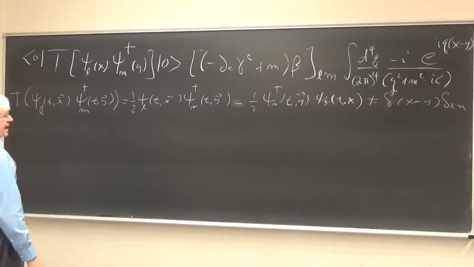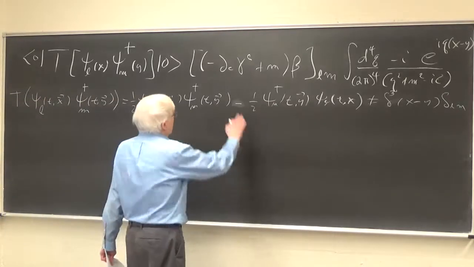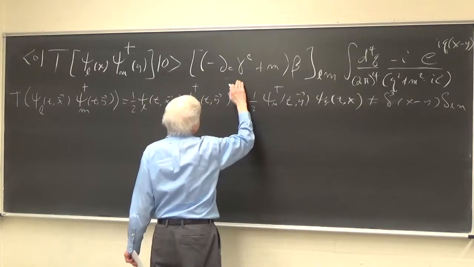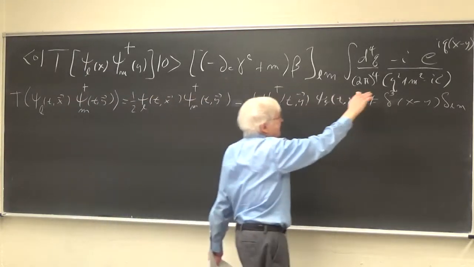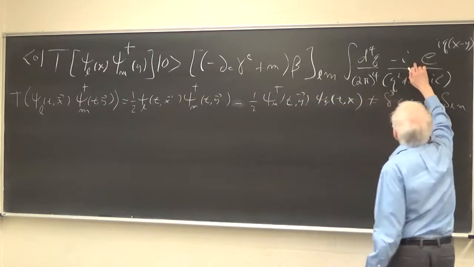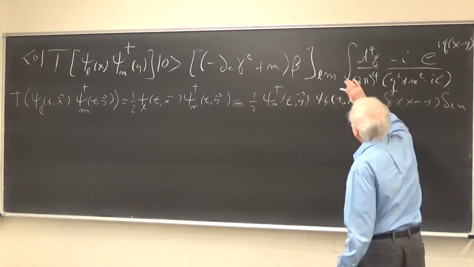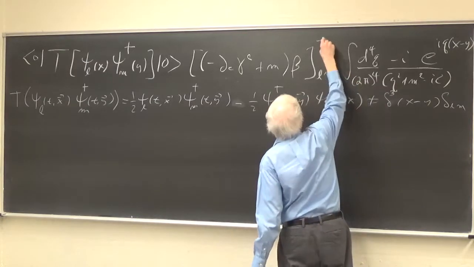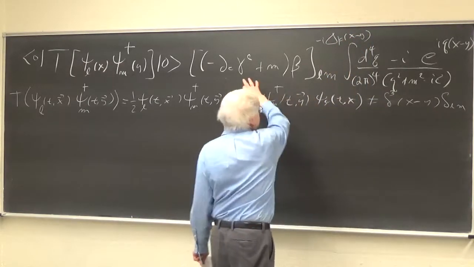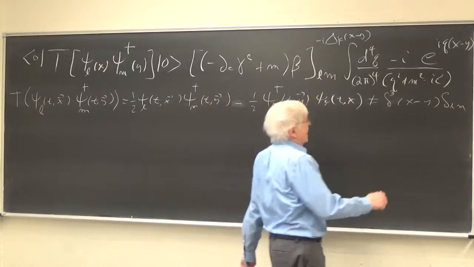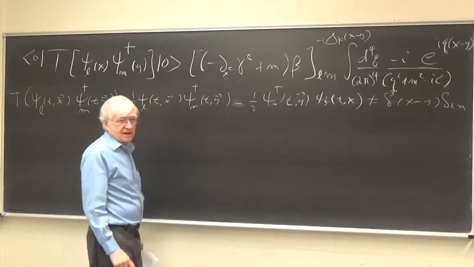Now, there are many ways of writing this thing. One never writes it this way, actually. This is just the way one derives it. You let the derivatives act on this thing, which, by the way, is to the right here. This is minus i delta F of x minus y. You let the derivatives act, and these derivatives are always x derivatives.